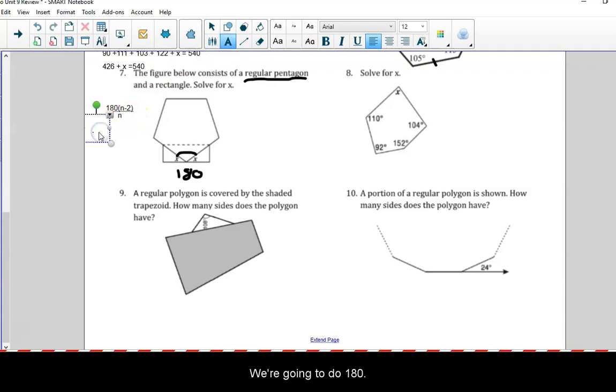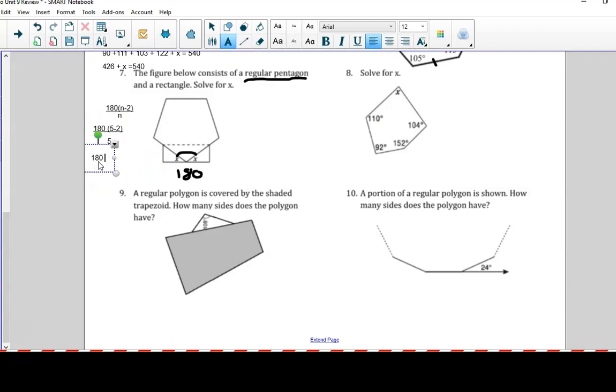So we're going to do 180 times 5 minus 2, all of that divided by the number of sides, which is 5.